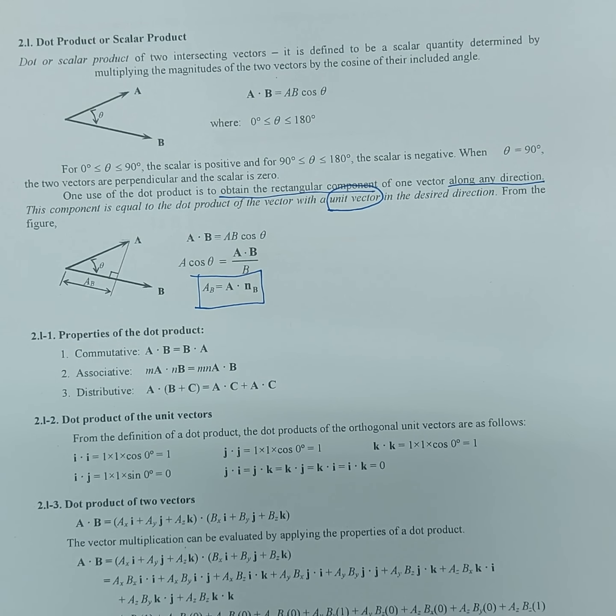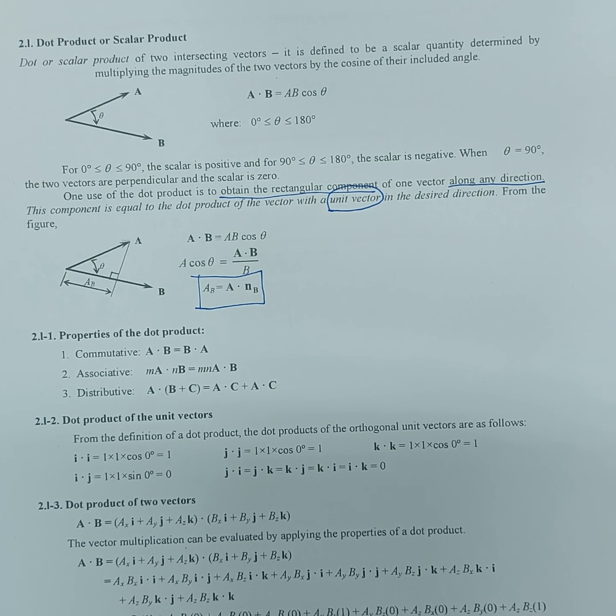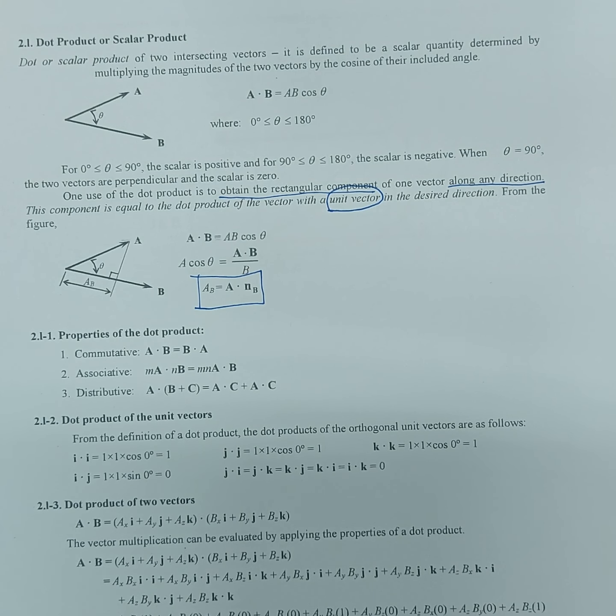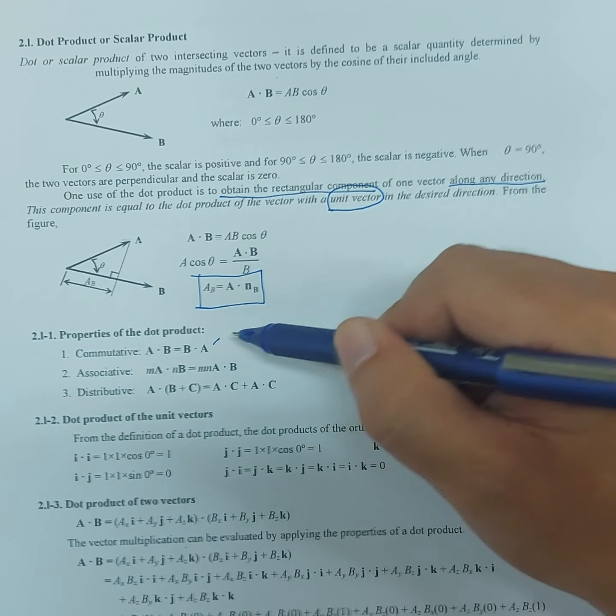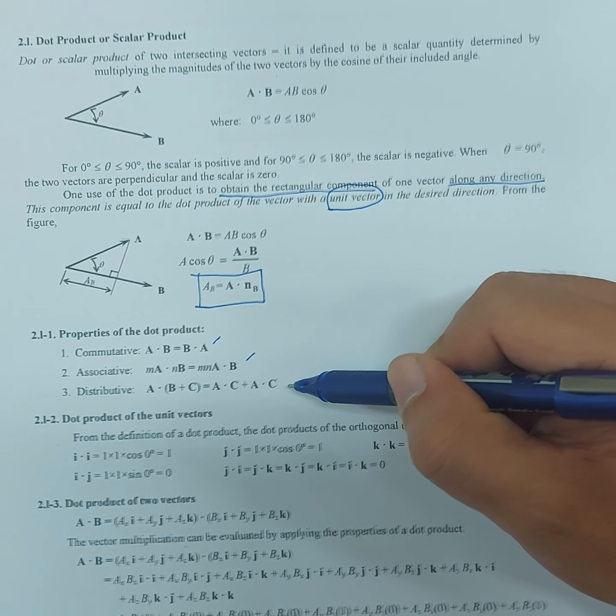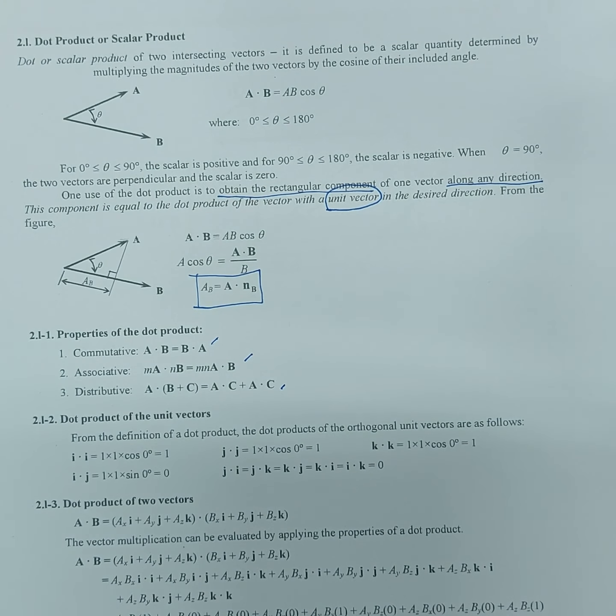Properties of the dot product: it is commutative, it is associative, and it is also distributive.